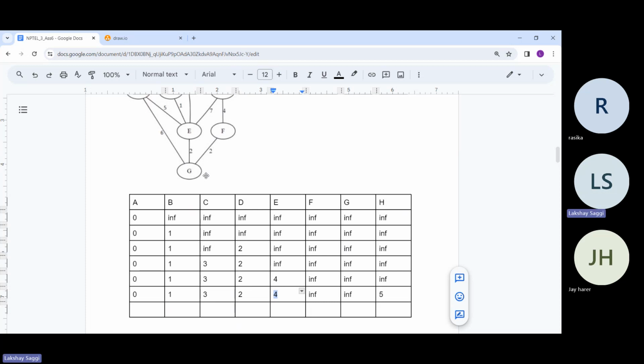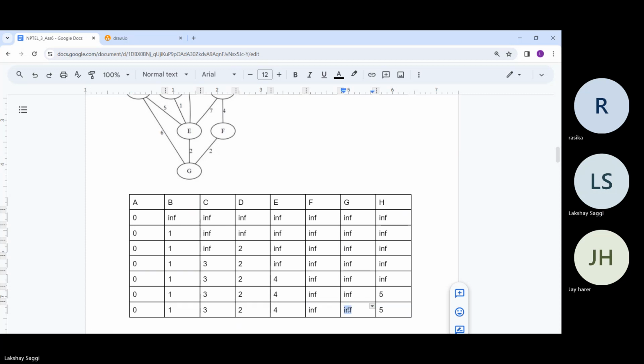So G will be the next vertex whose distance we fix, and its distance will be 6, as the distance from A to E was 4 and then E to G is 2. So we change the distance of G to 6 now.